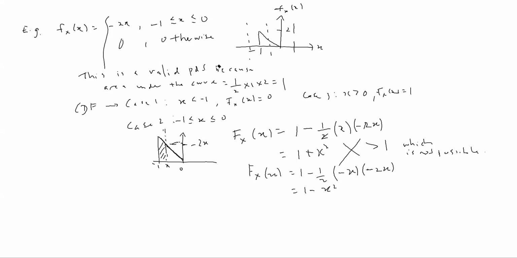Let us see whether we have done it correctly. Let us double check. So the other way we can do it is Fx of x is equal to the integral from negative 1 to x, because we are working in the region between negative 1 and 0. And our formula here is negative 2u du. Because I just want to make sure that I just have a change of variable so that we don't confuse.